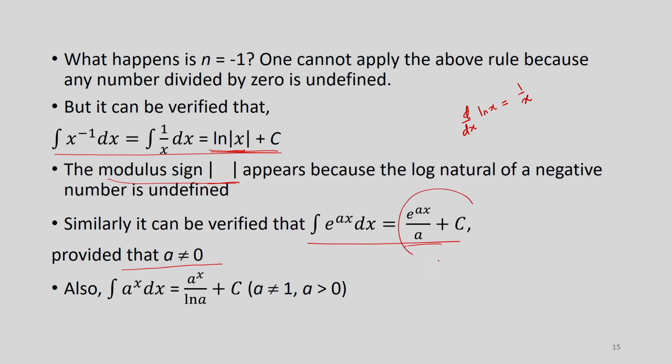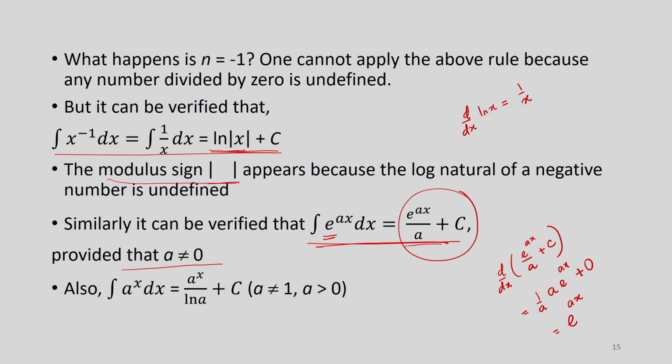Again, you take the derivative of e to the power a x divided by a plus c. What do you get? d dx of e to the power a x is a multiplied by e to the power a x divided by a plus 0, and this is simply equal to e to the power a x, which is on the left hand side as the integrand. So, this rule is all right.